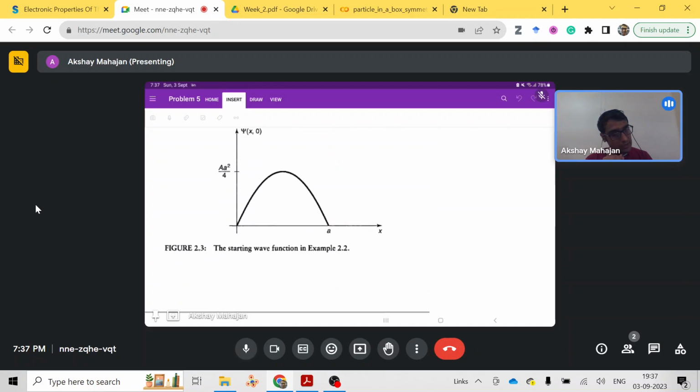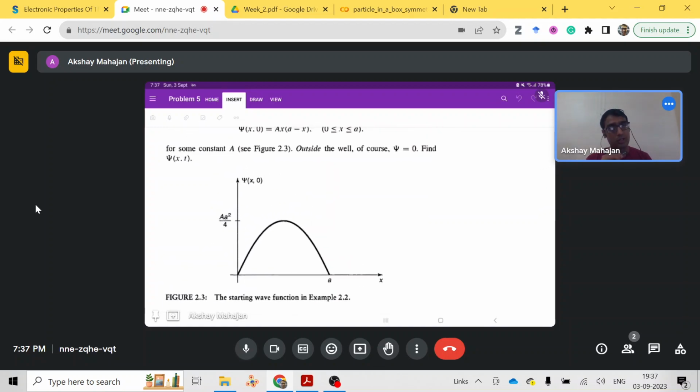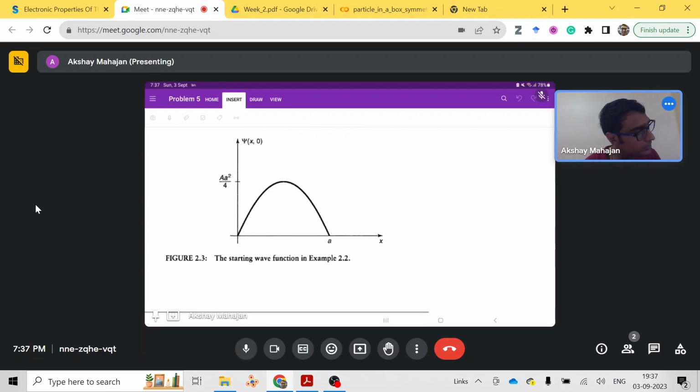We have to find psi(x,t). We will solve problem 5 and problem 6, both related to each other, and then we will go back to our infinite square well symmetric potential.